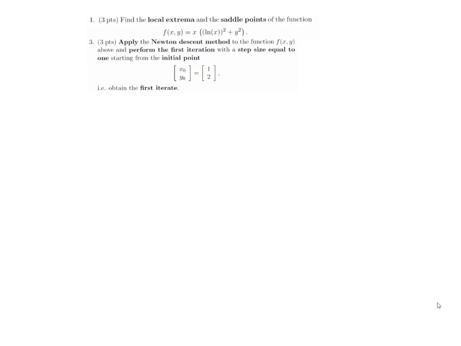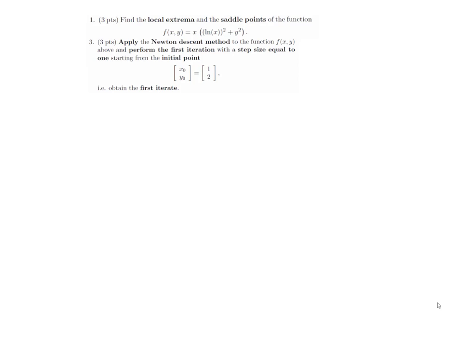Here are questions 1 and 3 of the exam of the first group. Both questions belong together. So the first question is find the local extrema, so minima and maxima, and the saddle points of the function that is given.